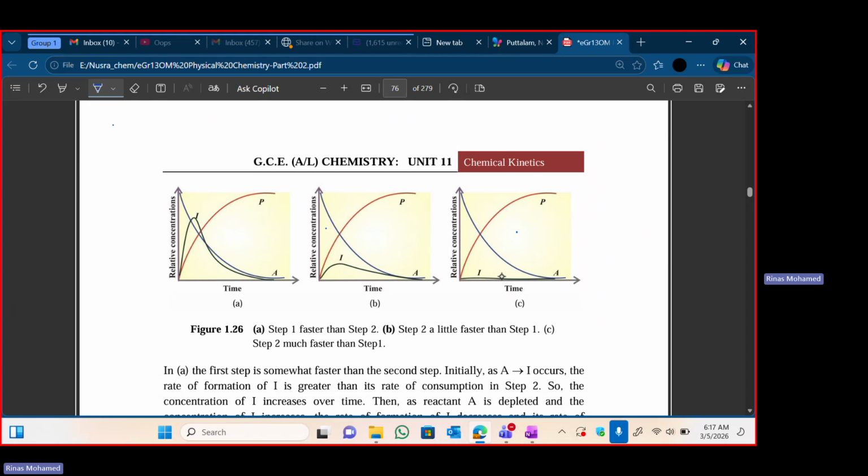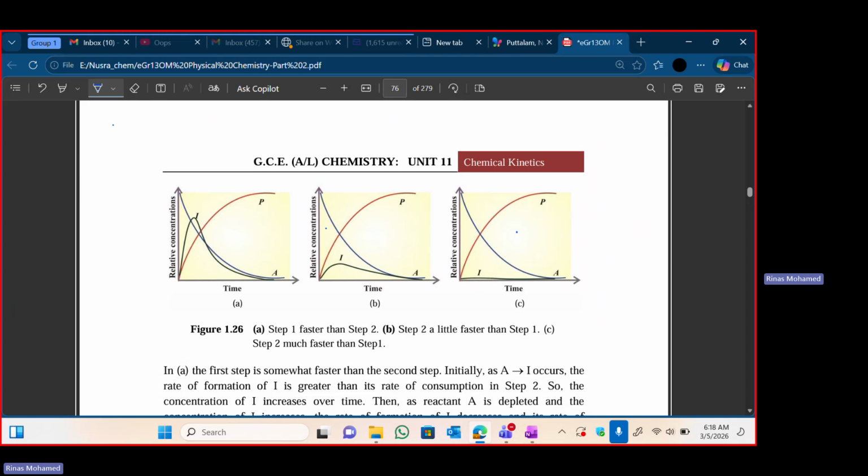It is really equal at the last moment's intermediate concentration, step 1 and step 2. There's not much difference between the intermediate concentration in these two steps. Lower, that means only a minute amount of intermediate is produced.